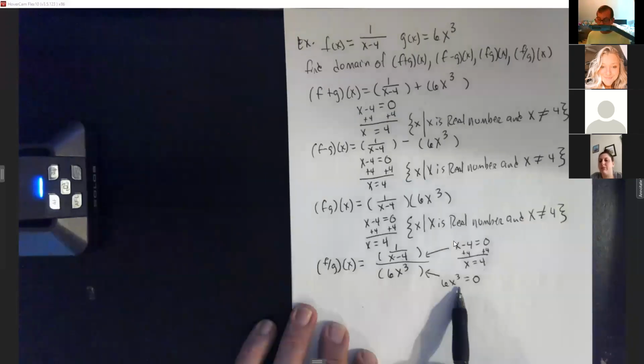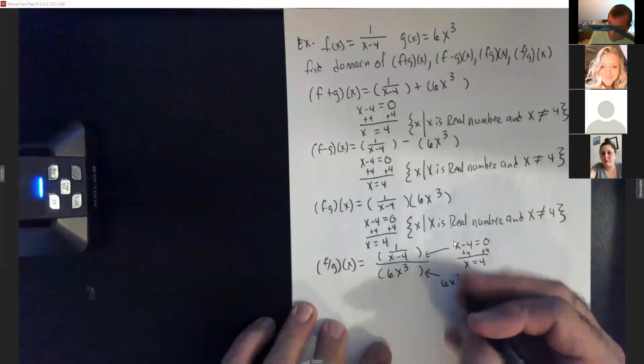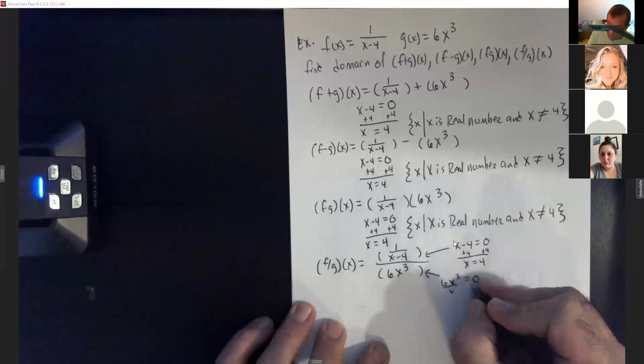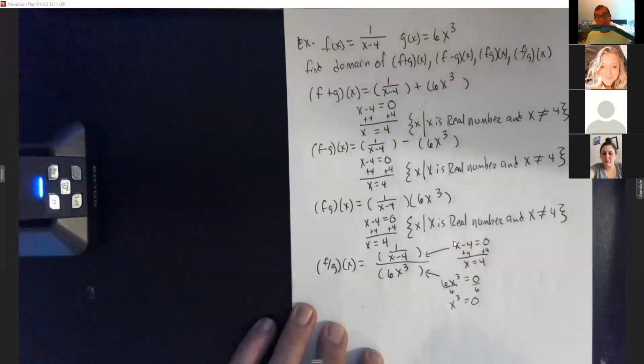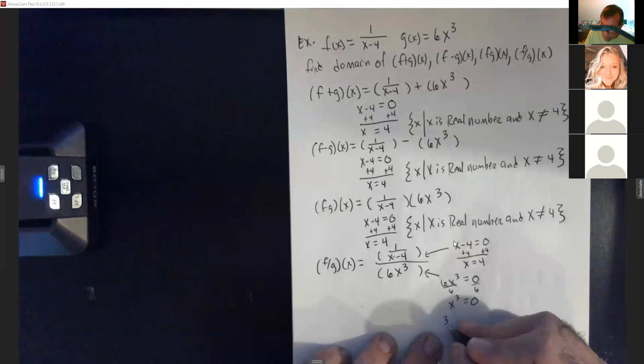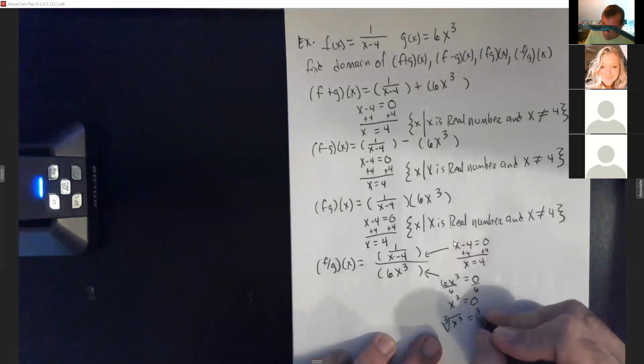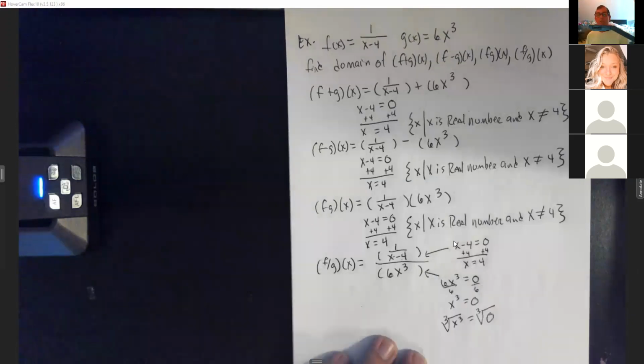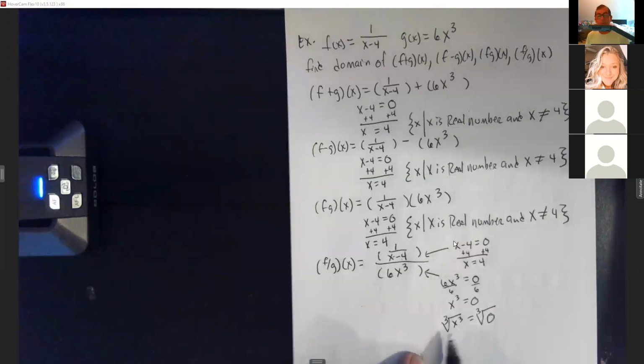So y'all, to solve this, the first thing I would do is divide by that 6. So I get x to the third equals 0. And then to undo exponents like this, you take a cube root. So cube roots undo x to the thirds. So these 3's would cancel.